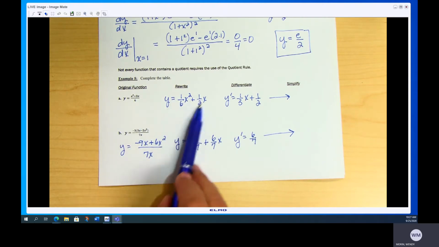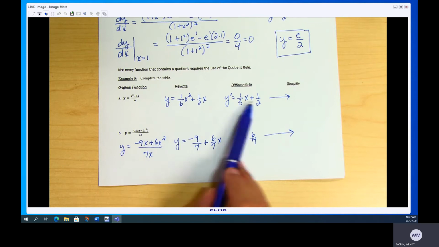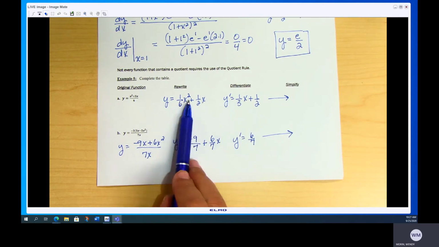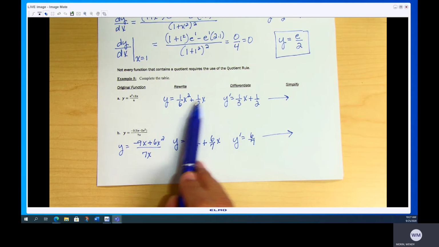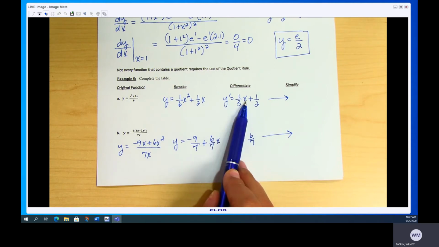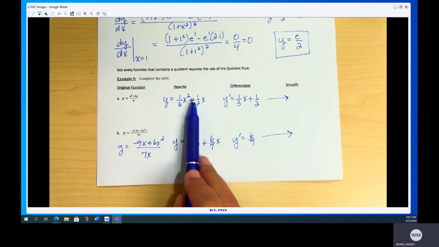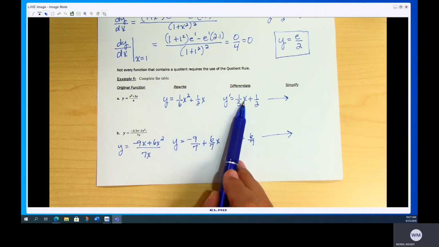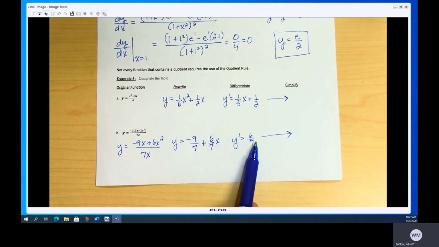Now look at this. This is a quadratic. So as the x changes, the slope of the tangent line is going to change. So this is the derivative of the function, which produces the slope of the tangent line at any x. But this one doesn't have an x in it. So what does that mean?